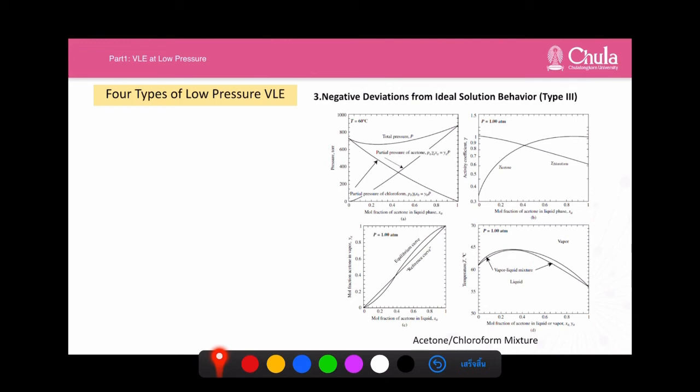Highest boiling temperature or dew point temperature. We call it maximum boiling point azeotrope in this case. So next time you see a maximum boiling point azeotrope solution, it is a type 3 solution.